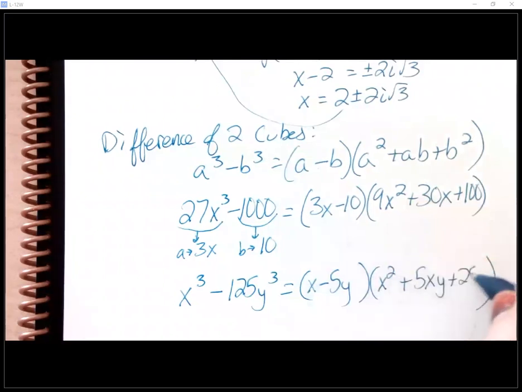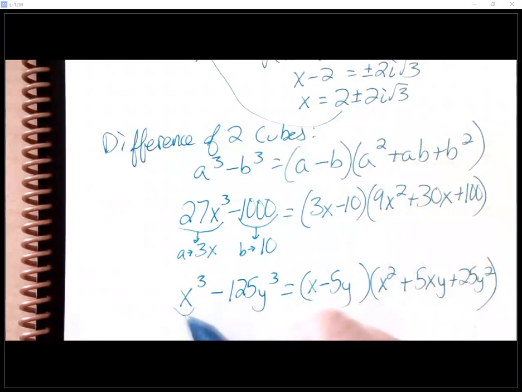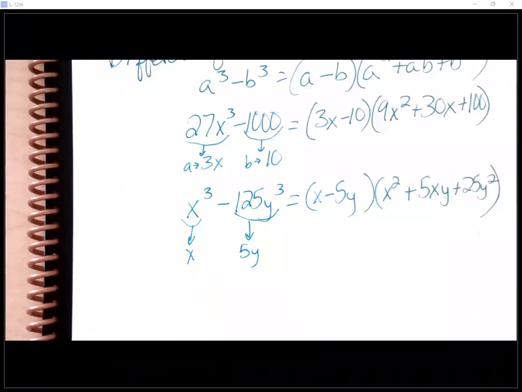It's perfect. So double check if you had that, right? The cube root of this is just x, and the cube root of this whole thing is just 5y. So that's, oh, sorry. Putting that in for a, that in for b, and then just follow the formula. Hooray!